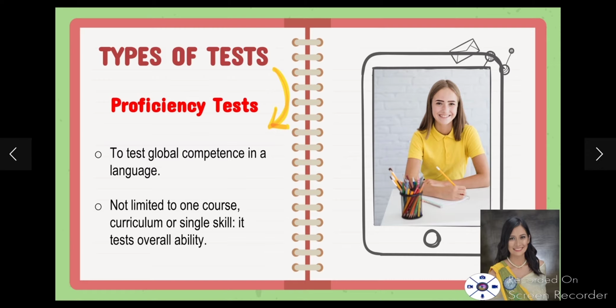It generally consists of standardized multiple choice items on grammar, vocabulary, reading comprehension, and oral comprehension, and sometimes with a written component. They are summative and generally norm-referenced. An example of this is the TOEFL.